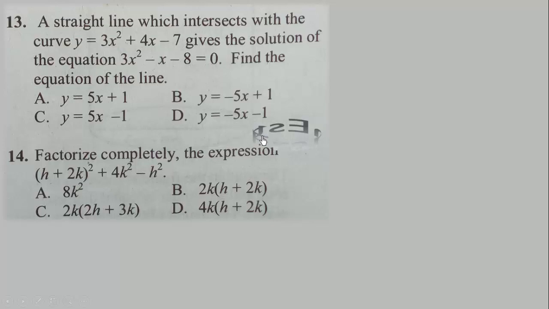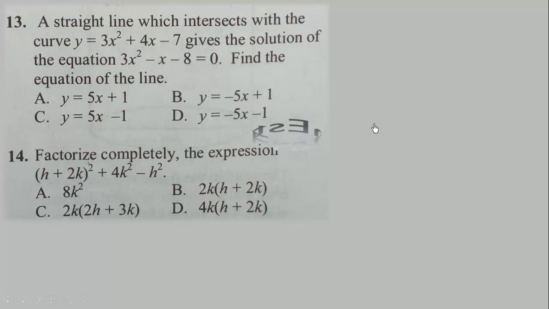So what the question is telling us is that when you draw the graph of this relation and another straight line, at the point where they intersect, the x value is the same as where the x-axis intersects the curve of this parabola.